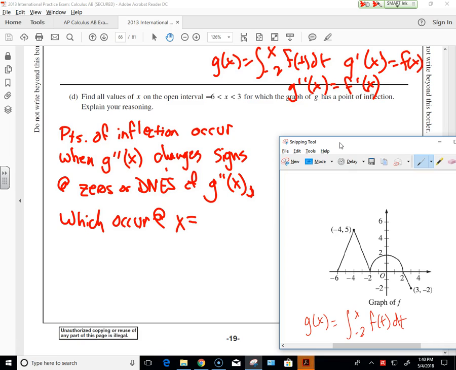F prime is the slopes of f, so where do the slopes change from positive to negative? At the sharp points: 1, -4, -2, and 0, where the slopes change signs.